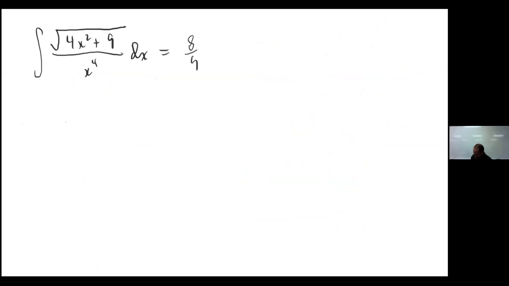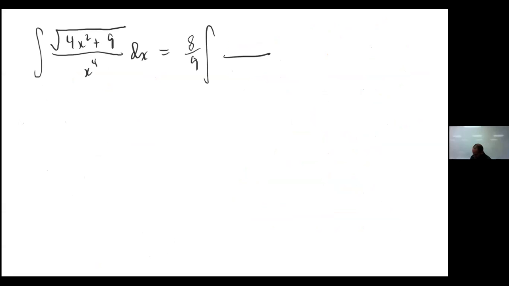Just to remind us, we had the integral of the square root of 4x squared plus 9 over x to the 4th dx. We made a substitution and ended up with 8/9 the integral of, hang on, was it the other way around? Cosine over sine. Yeah, sorry.